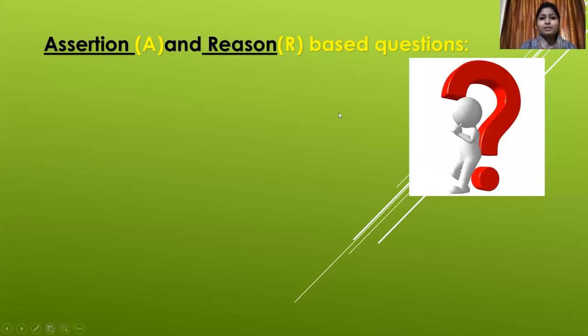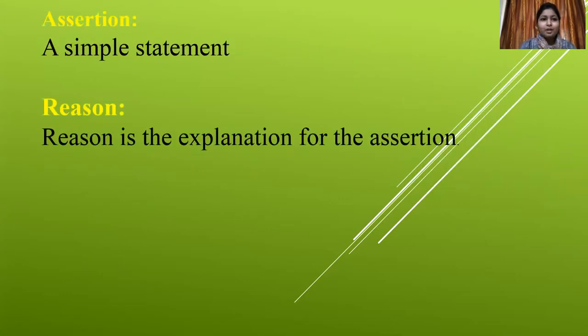As you can see, this is the very first slide, and A here stands for assertion and R stands for reason. So let us move on to the next slide. Assertion is a very simple statement, and reason is the explanation of the assertion. You need to understand whether the reason given with the assertion is actually supporting that assertion, or is true with that assertion or not.